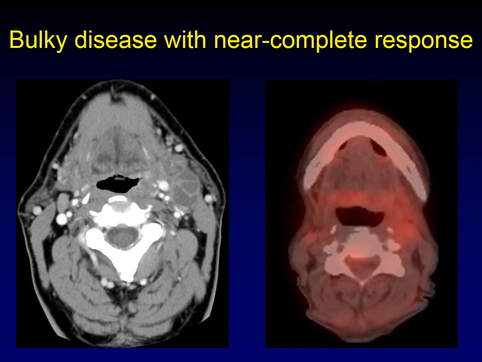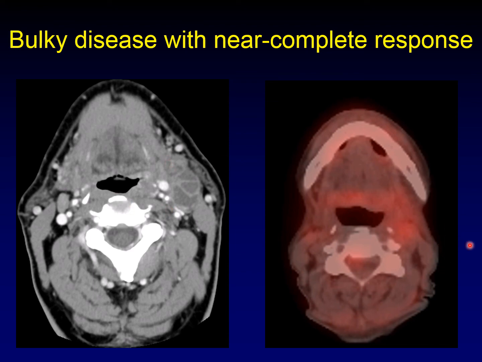Be careful in the setting of bulky disease with a near complete response. We are so used to seeing head and neck cancer completely disappear when it has been successfully treated. But if you start with bulky lymphadenopathy, you may get an excellent response with just a little bit of CT and PET abnormality where a large node used to be.